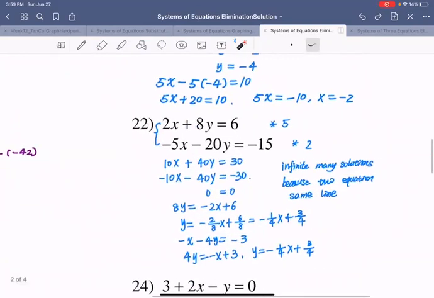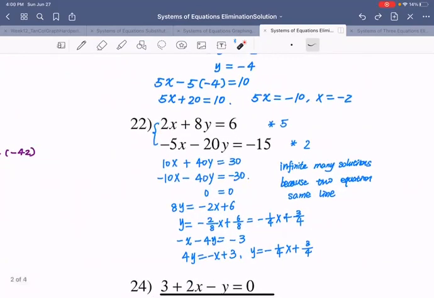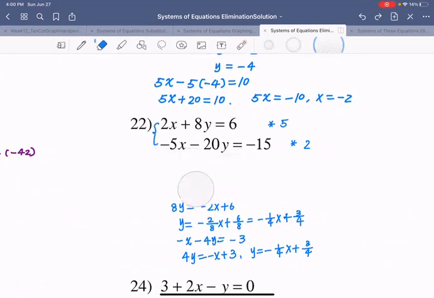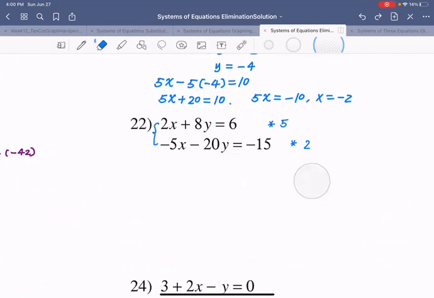Now, let's see one more. Shangli, let's do number 22. Look at this. That's 5. That's 20. That's 15. Are they divisible by a number? Who is that number?